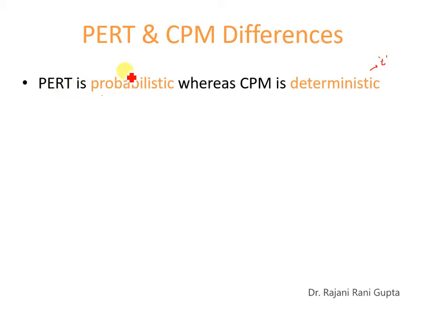Whereas in PERT, it is probabilistic. You don't have a fixed duration of completion of a project. Instead, you have the most likely time, the optimistic time, and the pessimistic time of completion of the activities. So this is one major difference between PERT and CPM.